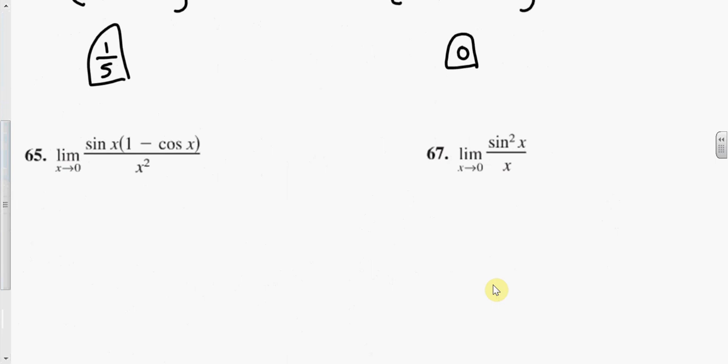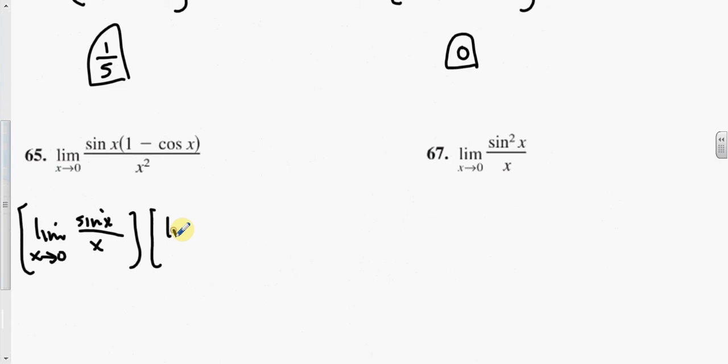So we move here. Now notice how this can be written. This is the limit as x approaches 0. I'm going to take that sine x that's there, divided by one of the x's downstairs, times the limit of 1 minus cosine x all over x. The limit can be looked upon as the product of two limits, or you can look at the limit as being the ratio as well.